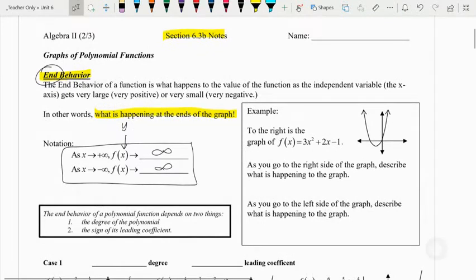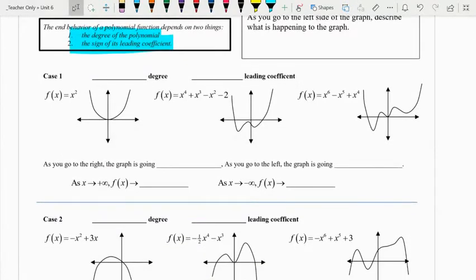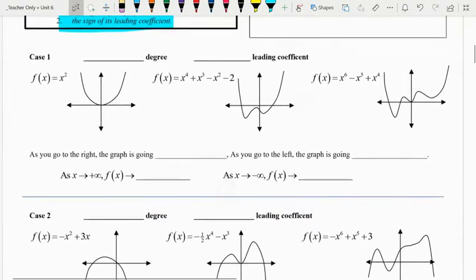The end behavior of a polynomial function depends on two things. The big thing is it depends on the degree and it depends on the sign of its leading coefficient. So case one, we are talking about an even degree, hence squared, to the fourth, to the sixth.